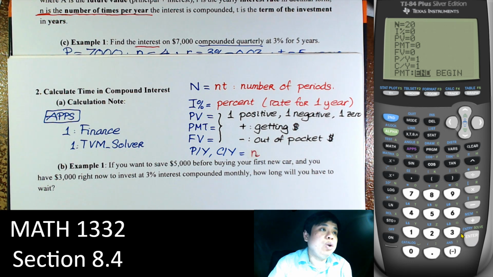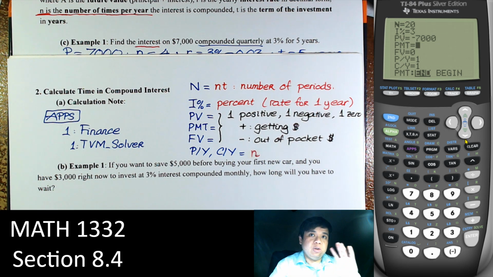The interest is 3%. The present value, what we invest now, is $7,000. It is an investment, so it is out of our pocket, negative $7,000. The payment, after we invest, we do not put any money in the bank, so that will be 0. The future value, we don't know, but it is compounded 4 times a year.